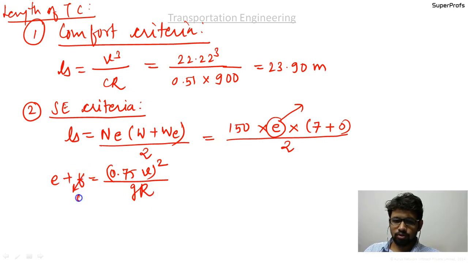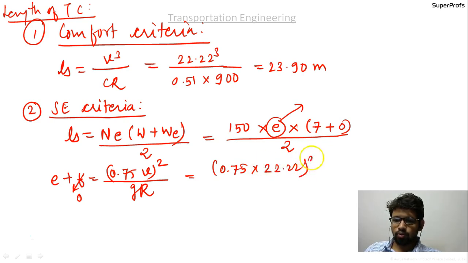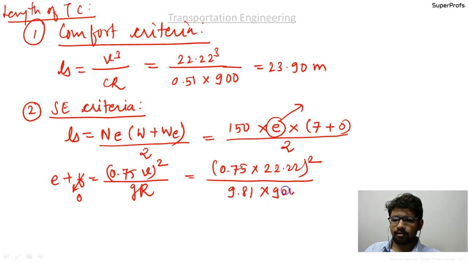F is 0 when equilibrium super elevation. Therefore, E equal to 0.75 into 22.22 square upon 9.81 into radius is 900.